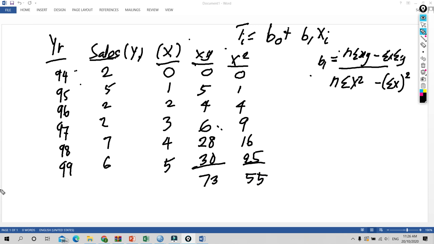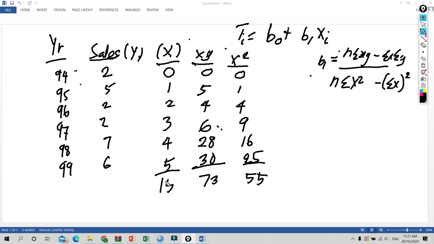Now this formula also involves summation of x and summation of y. Summation of x means the total of x here. If I add this all together, 1 plus 2 is equal to 3, 6, 10, and 15.